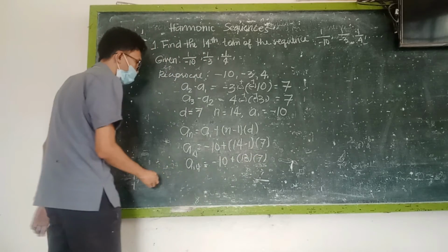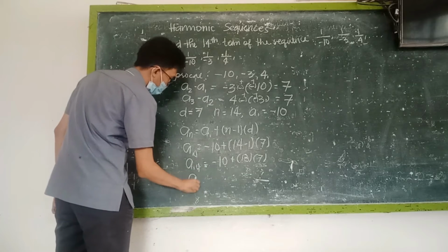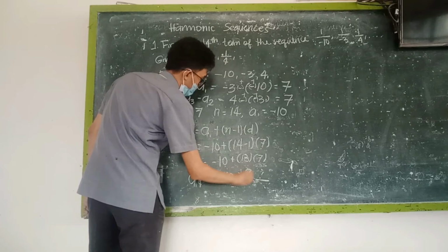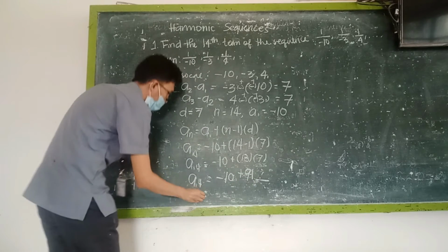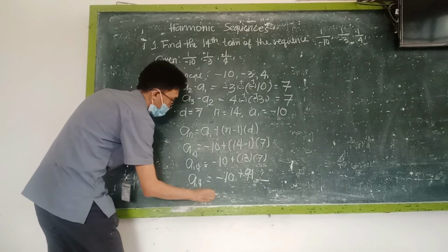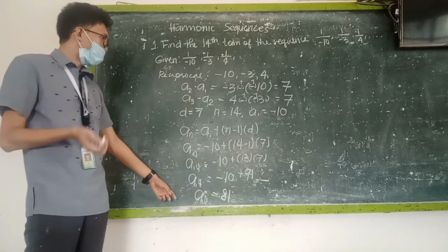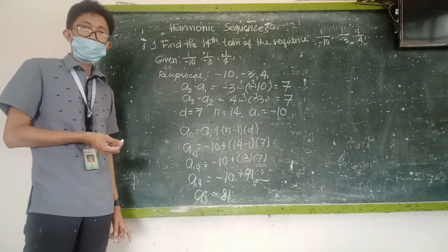So, 13 times 7 natin dito is equal to 91. So, negative 10 plus 91, ang a sub 14 natin dito is equal to 81. In the arithmetic sequence, the 14th term is 81.